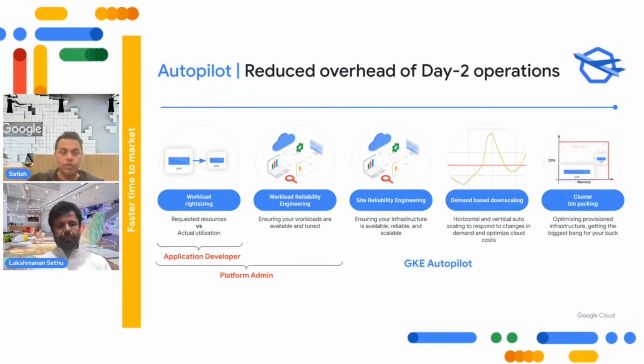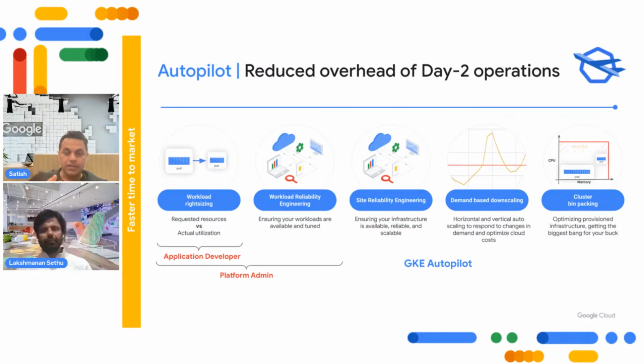But from a workload reliability perspective, as Google or Google SRE, we ensure that your pod is scheduled and running. I mentioned the pod level SLA, and we ensure that it actually works and isn't crashing.